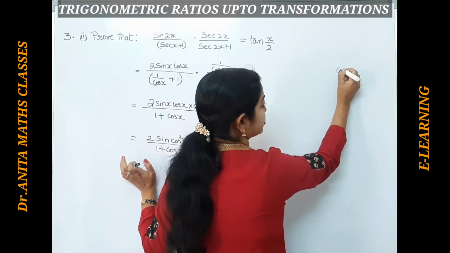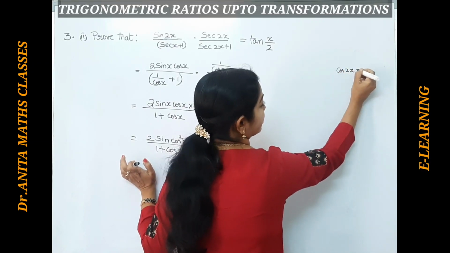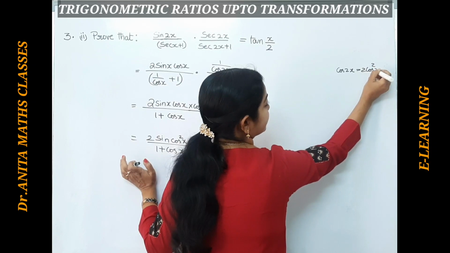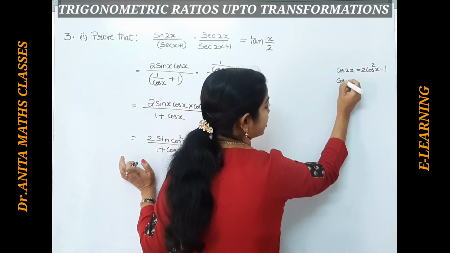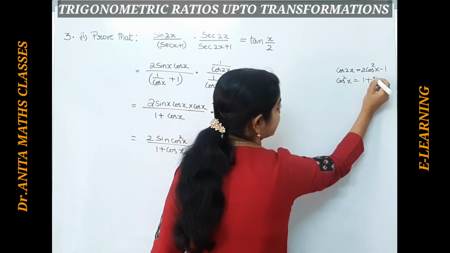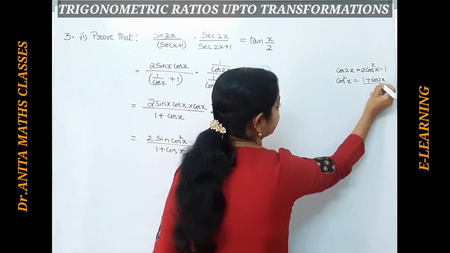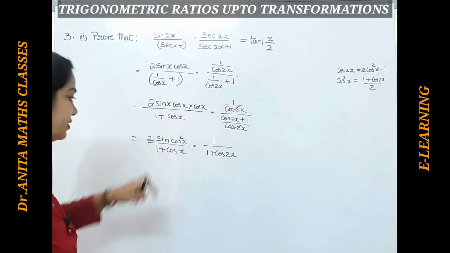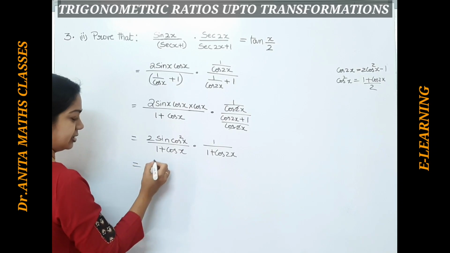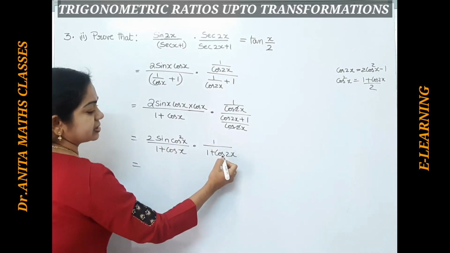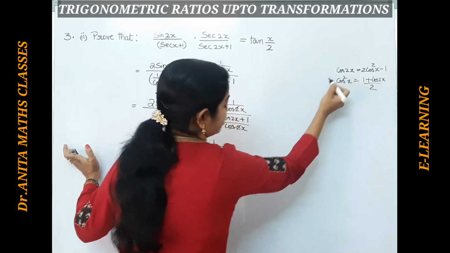We know that cos 2x is equal to 2 cos square x minus 1. So if I want cos square x, I can write (1 plus cos 2x) by 2. Here 1 plus cos 2x is 2 cos square x.